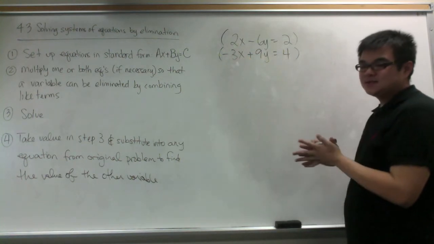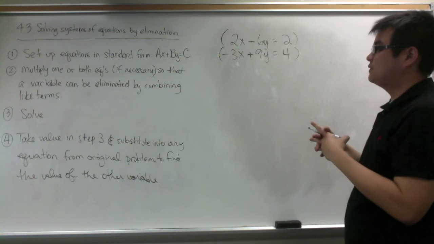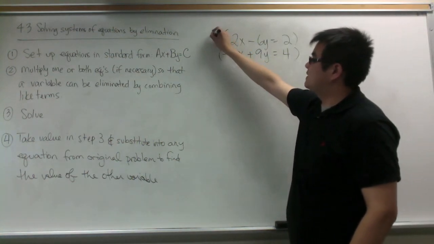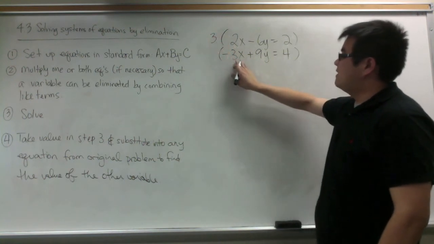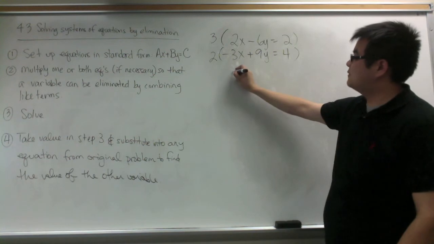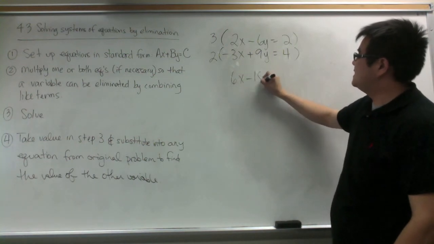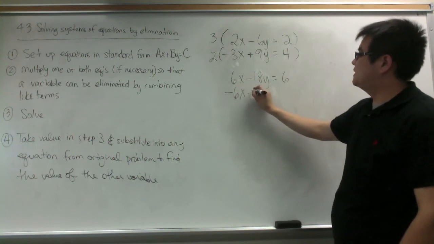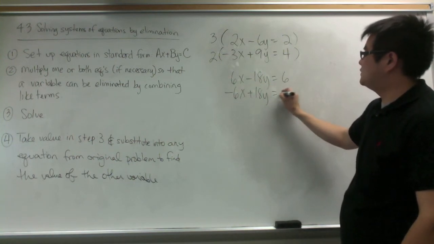That's basically the least common multiple between 2 and 3, which is 6. So in order to get a 6, I'm going to multiply the top equation by 3 and the bottom equation by 2. If I distribute this, I will get 6x minus 18y is equal to 6. Then negative 6x plus 18y is equal to 8.